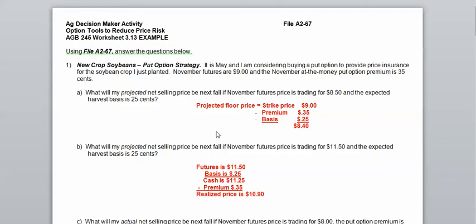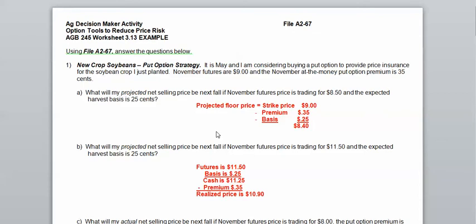If we're doing a short hedge and we're hedging corn, soybeans, hogs, whatever, and we sell a contract, we're basically locking ourselves in for that price. And if price goes up further, we're just kind of out of luck. We're stuck with the price that we got with the hedge.